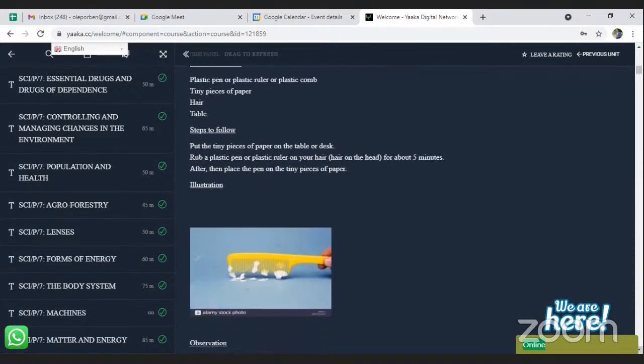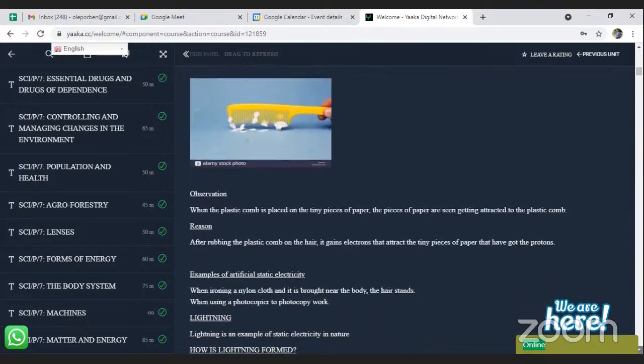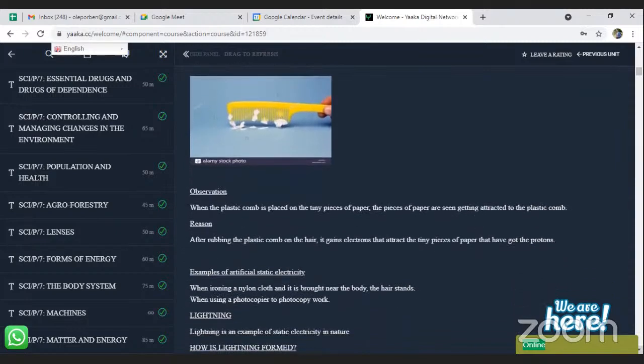So this is what I was talking about. You can rub that thing on your hair, and then it will attract those pieces of paper. You will try that as you're doing your work. So observations, you'll get this. When the plastic comb is placed on the tiny pieces of paper, the pieces of paper are seen getting attracted to the plastic comb. Why?